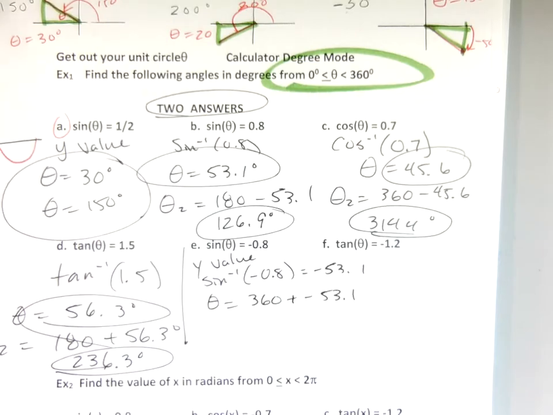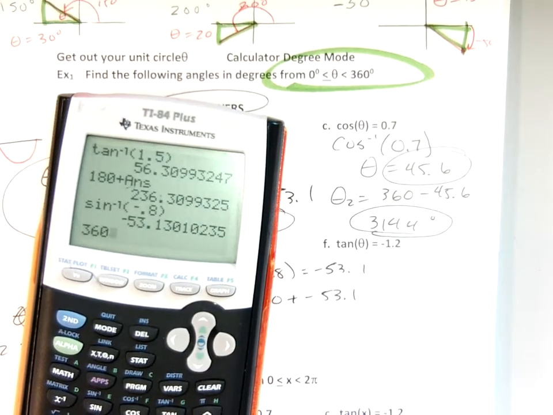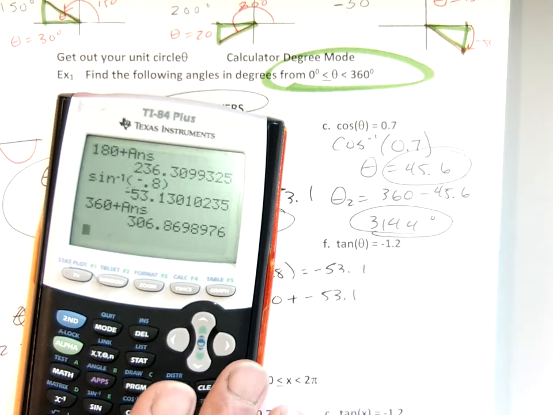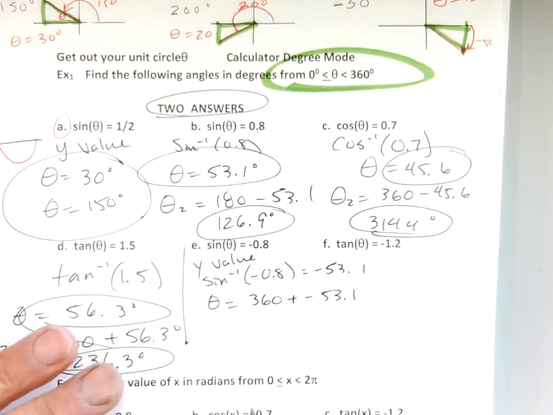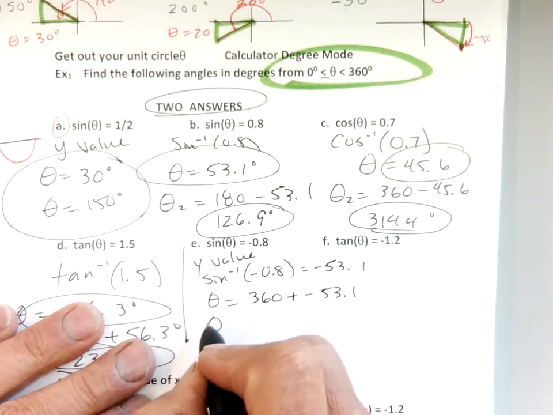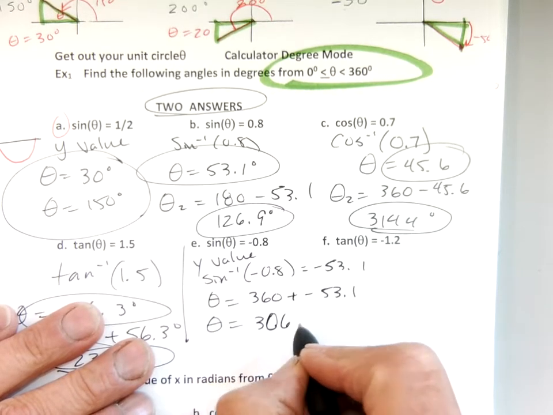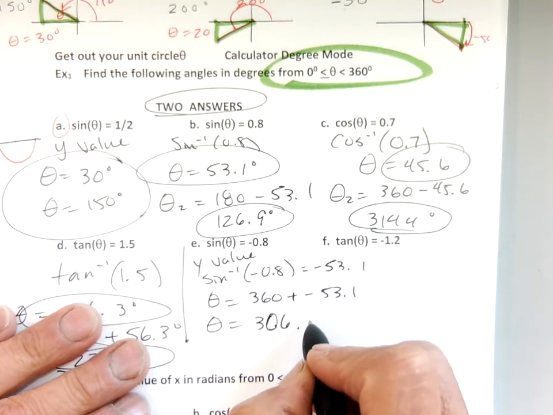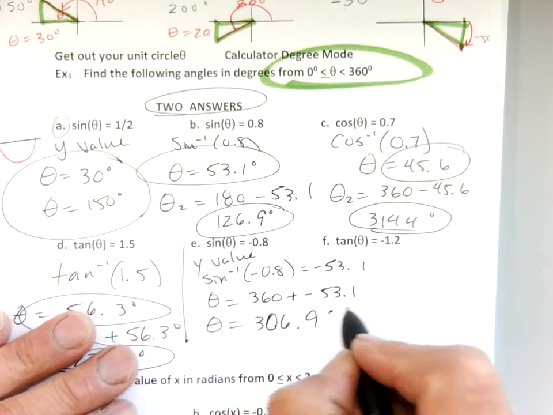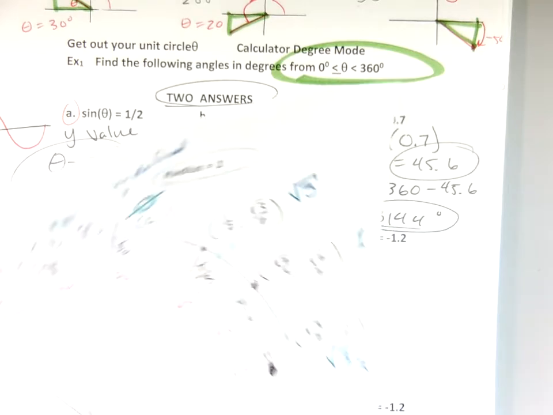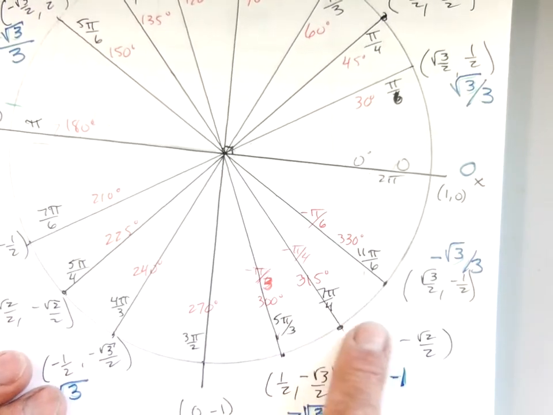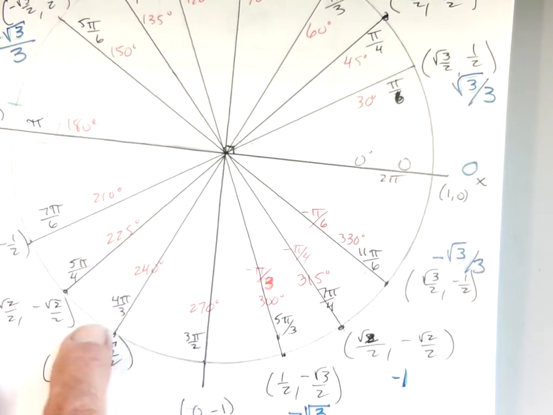Take my 360, I add that answer to it, and I get 306.9. So theta is about 306.9 degrees. All right. So right about here is one answer, but the other answer's got to be over here, right?